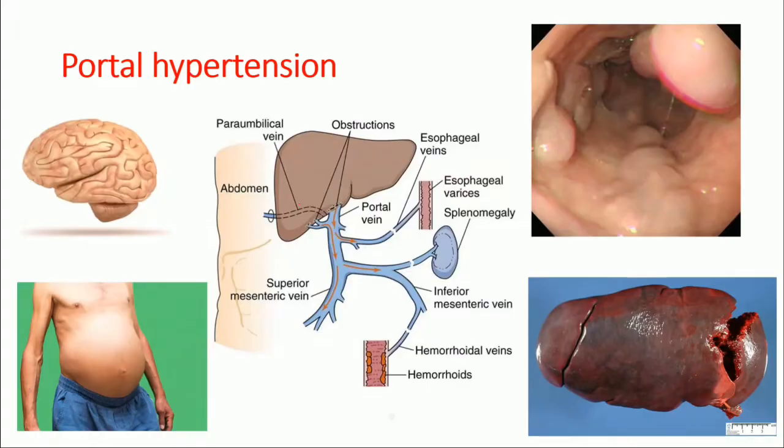But remember, these portosystemic anastomoses cause problems like varices, for example. But that's a mechanism in your body to try to limit or reduce the portal pressure.